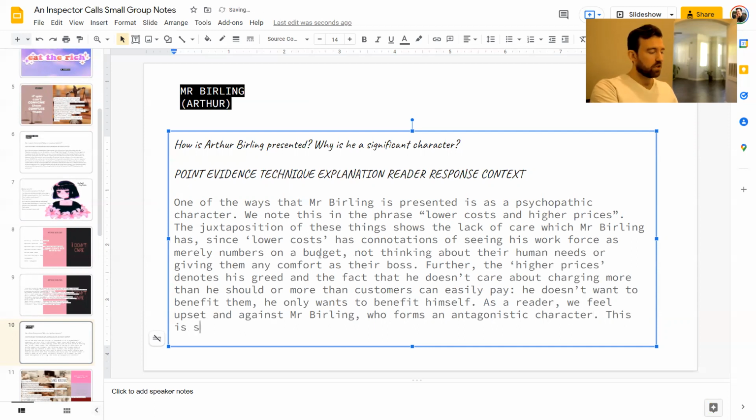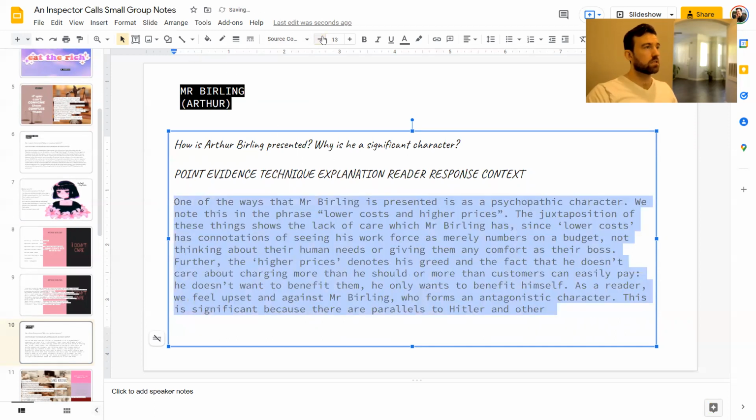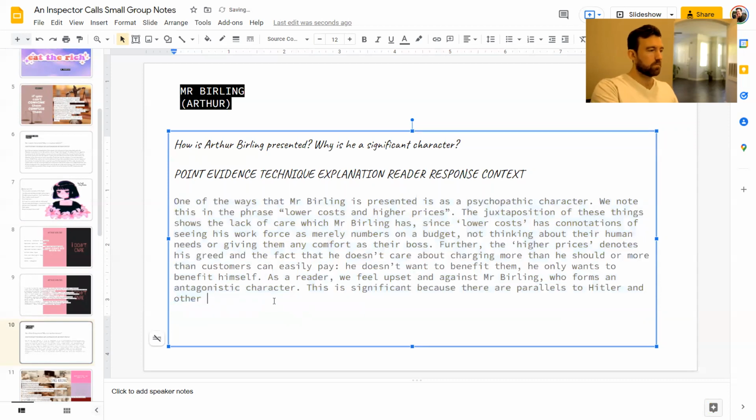This is significant because there are parallels to Hitler and other tyrannical leaders who took power of countries in Europe and showed no care for their enemies. Something like that. So that's all we have time for.